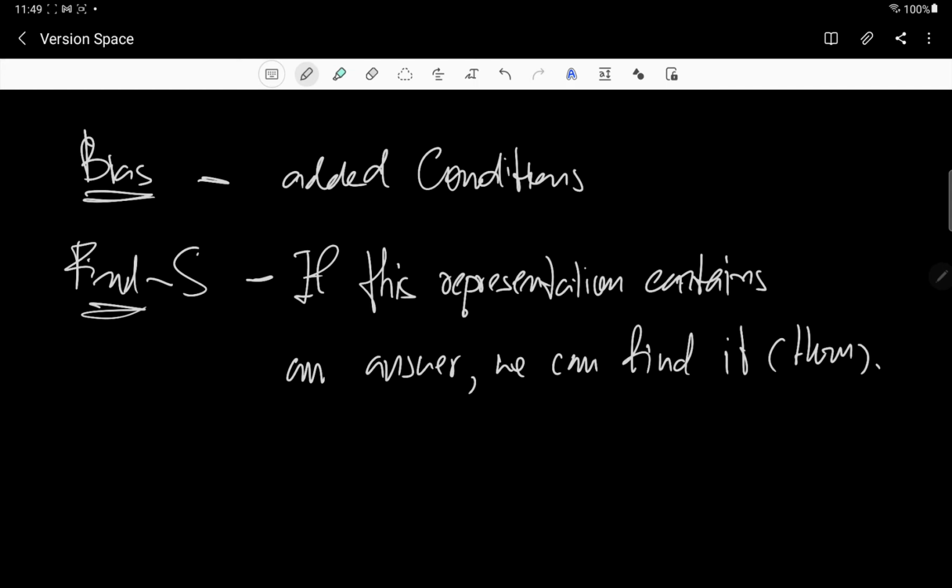If there are more than one answer that can cover only the positive example, not the negative one, the Find-S algorithm can find it.